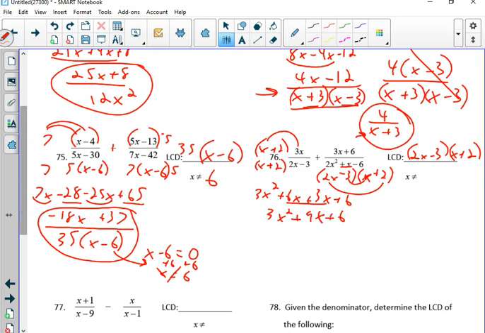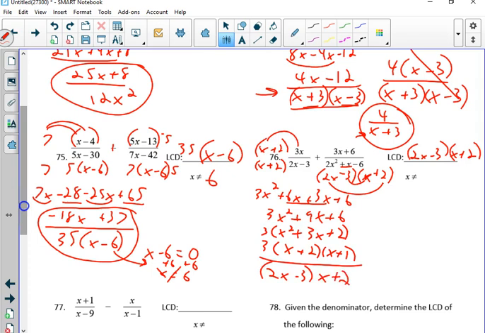I'm going to pull a 3 out: x squared plus 3x plus 2. And now this will factor to x plus 2 and x plus 1, all over 2x minus 3, x plus 2. Now at this point, here's where you want to identify your excluded values before anything cancels: negative 2 and positive 3 halves.